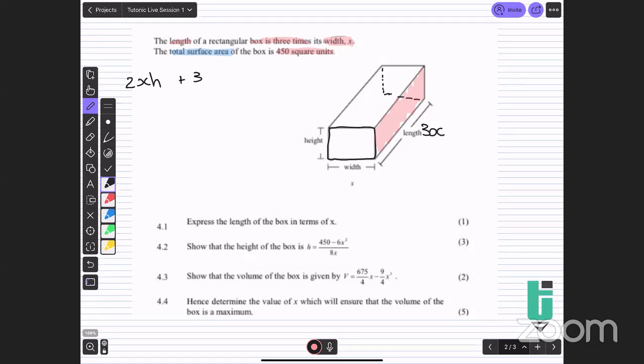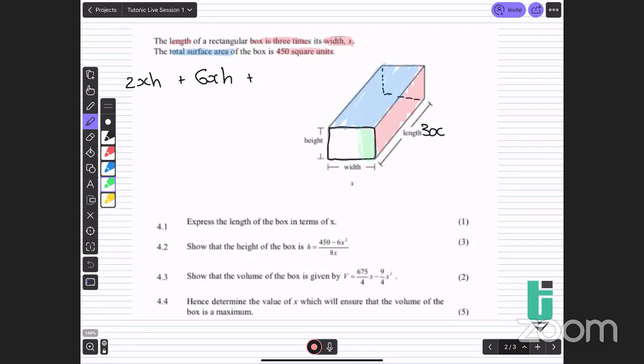So 6x times the height. And now the top one. It will be 3x times x, which is 3x squared, right?